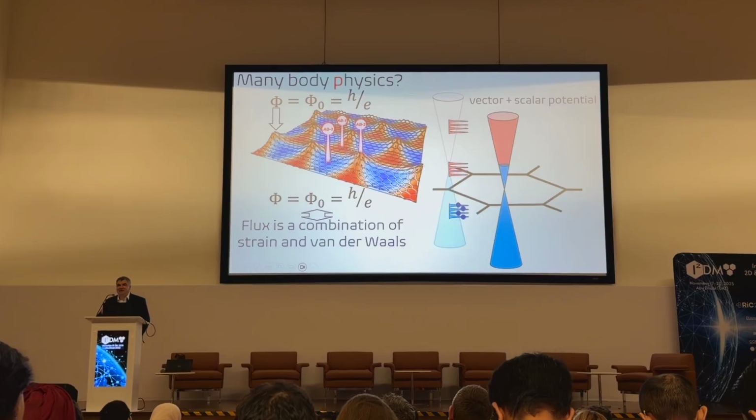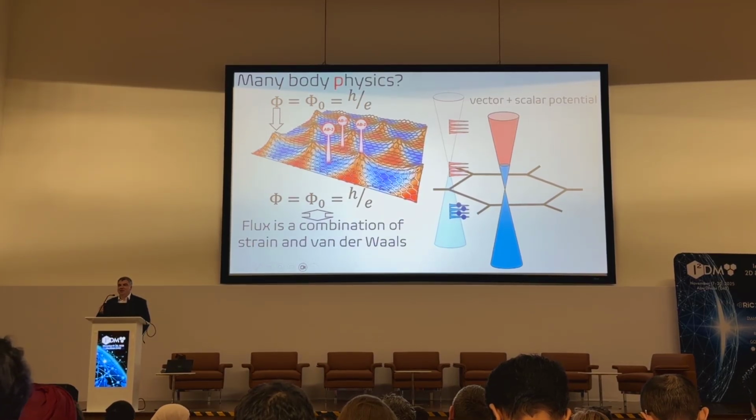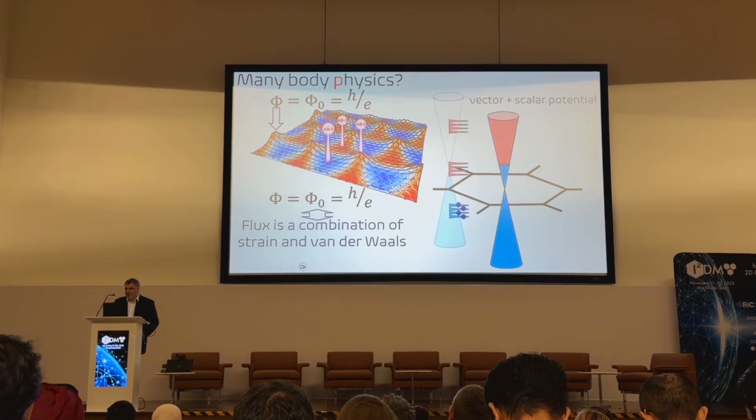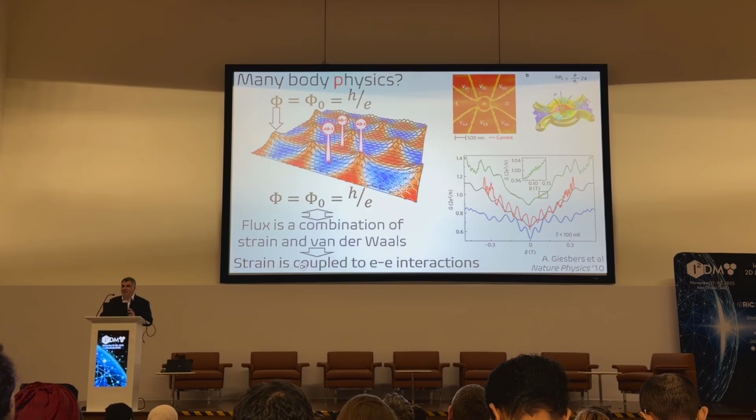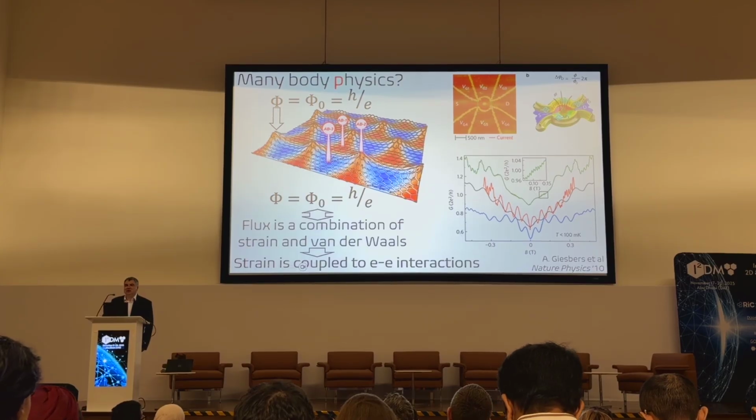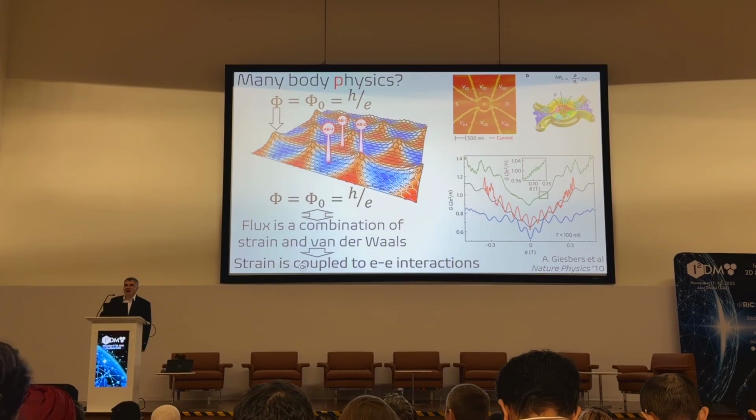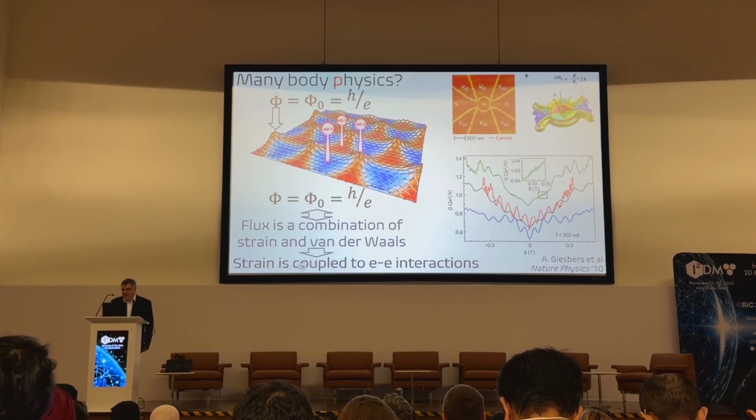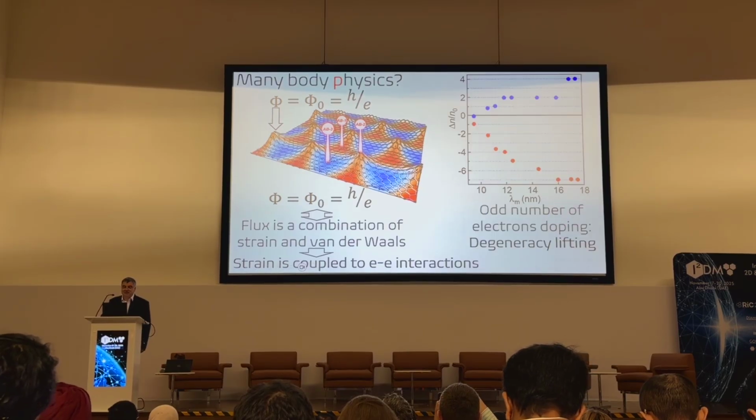And for me, it's quite a nice story, because now you have coupled electron-electron interaction to the strain reconfiguration, which is quite a rare event. There are only a few papers on this. I won't go into detail now, but it's a strange situation when the strain fields are coupled to electron-electron interaction. So it's something still to be studied.